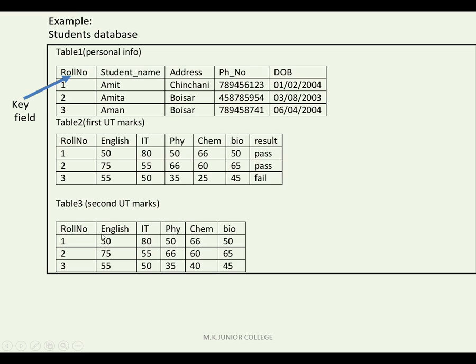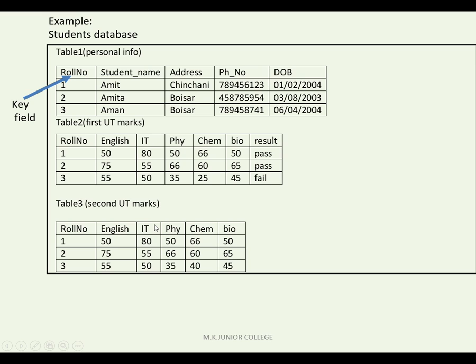In the third table again I am using this roll number because everywhere the roll number is the same. So I can create a relation between all these tables and get the information about one particular roll number from all the tables. At the last, suppose I want to create a result from this database.